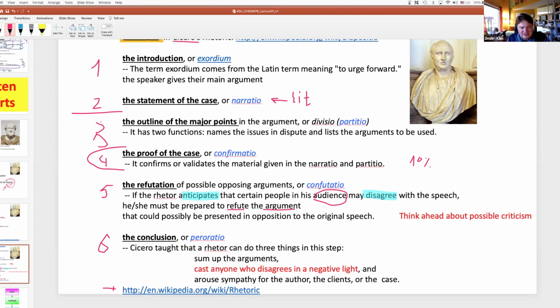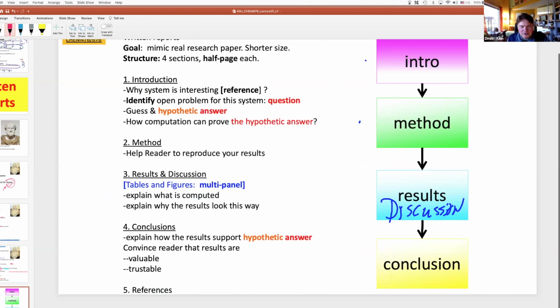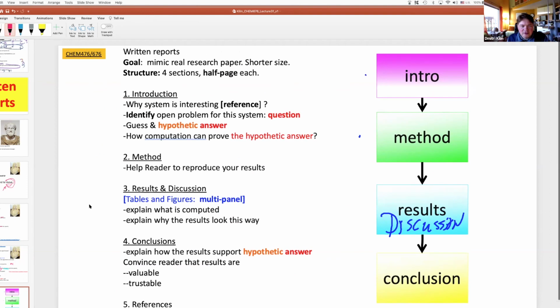So if we translate the statements from the ancient world to our modern world, we will have a little fewer sections. Instead of 6 sections, we can squeeze it into 4. And the first will be the introduction, which may contain the following statements.